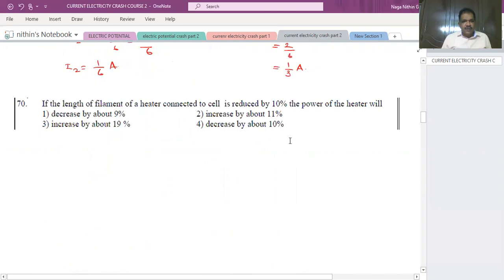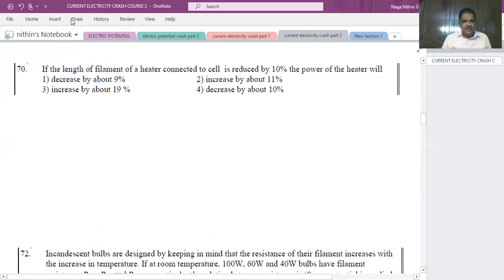Okay. Next, see the next question, 70, what they are asking. The length of the filament of a heater connected to a cell is reduced by 10%. Power will be how much? Power formula is what?